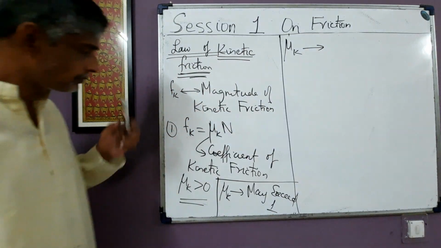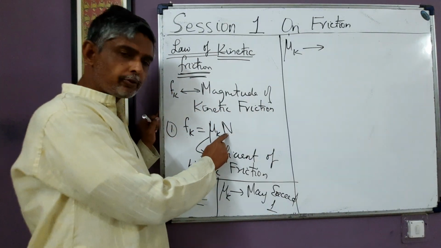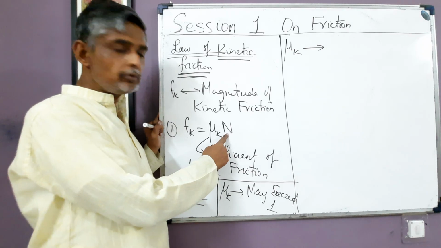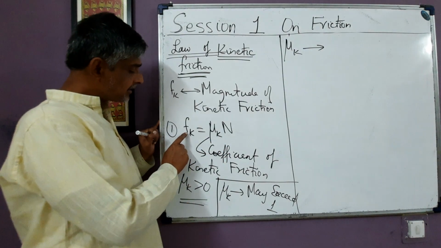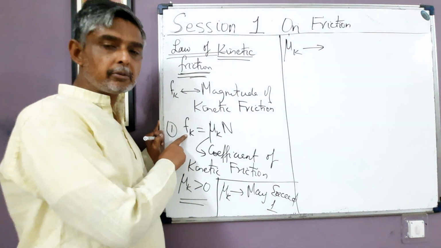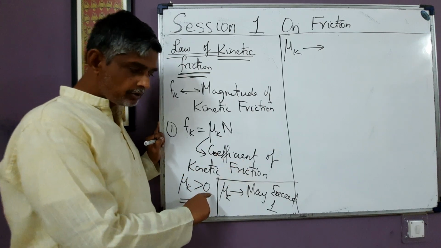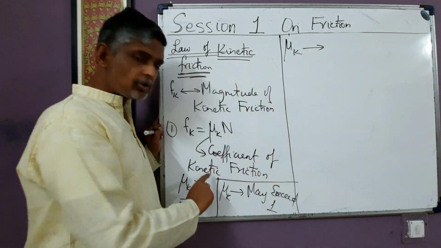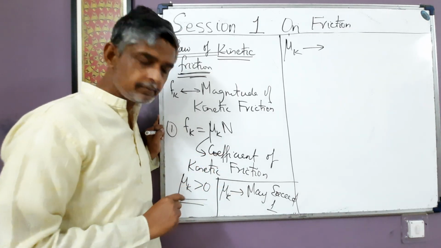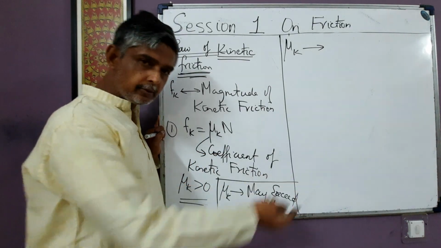N is the normal contact force between the two solid bodies B1 and B2 in mutual contact. Fk is the kinetic friction between the two bodies, and mu k is the coefficient of kinetic friction, which is a non-negative quantity. Its value depends on the joint property of the two surfaces in contact, and mu k may exceed 1.